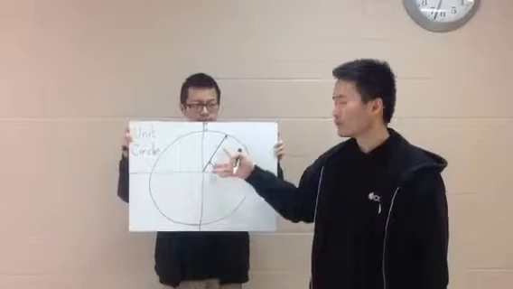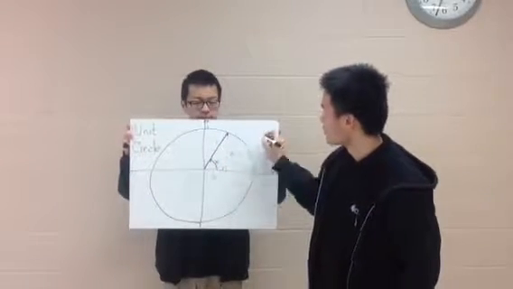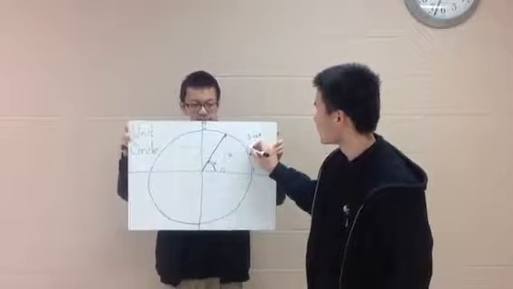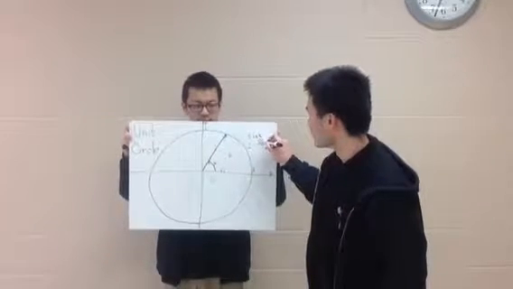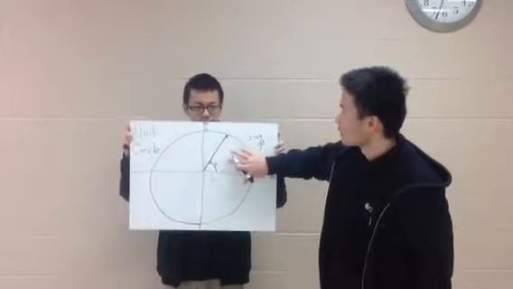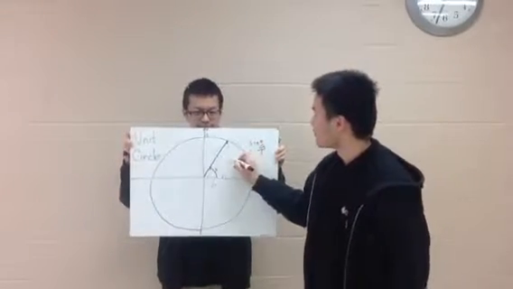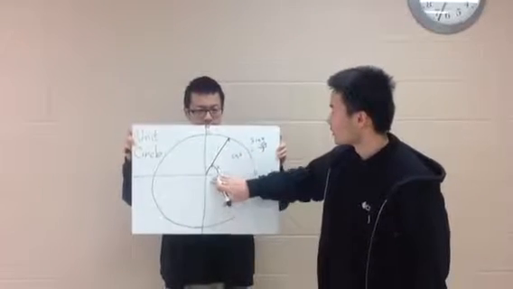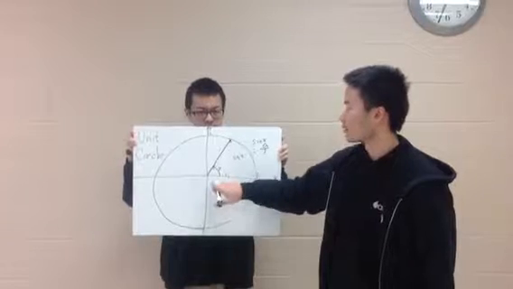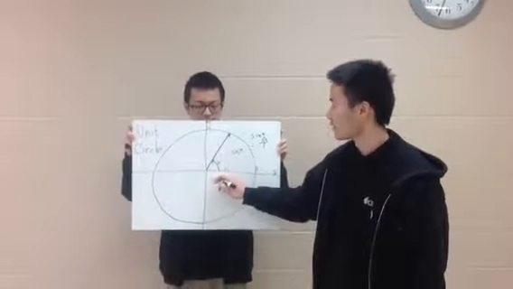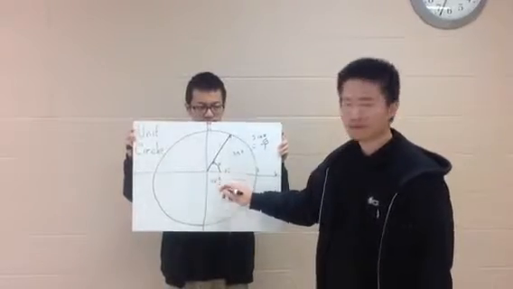As we already know, the radius is 1, so sine x equals side A over 1, which is A equals sine x. So I can express this side by sine x. The same way works for side B, so this side is cosine x.